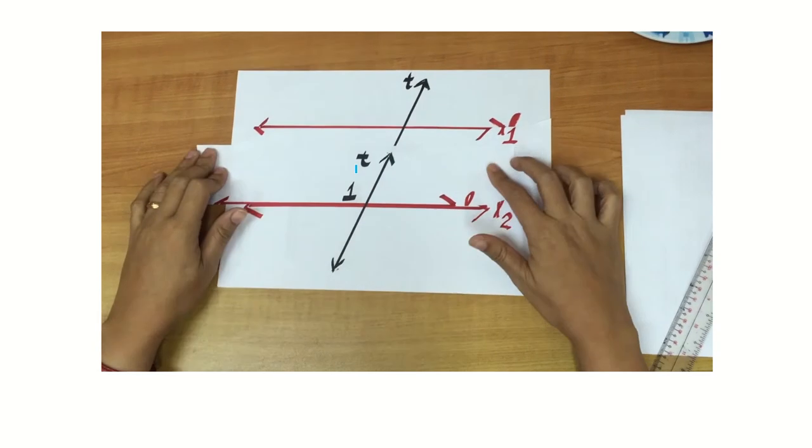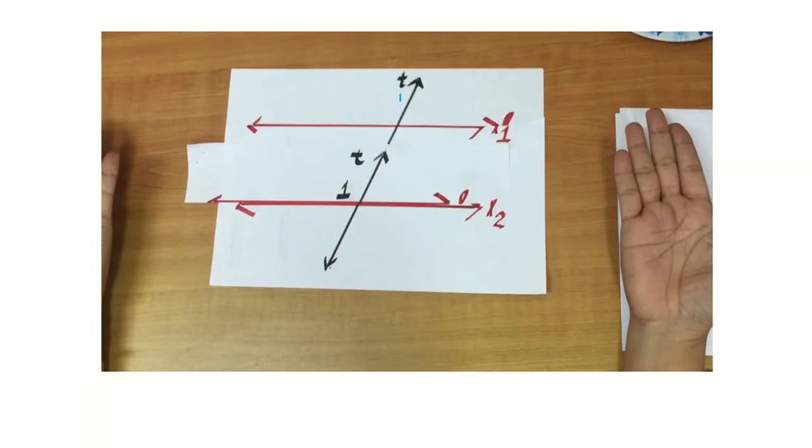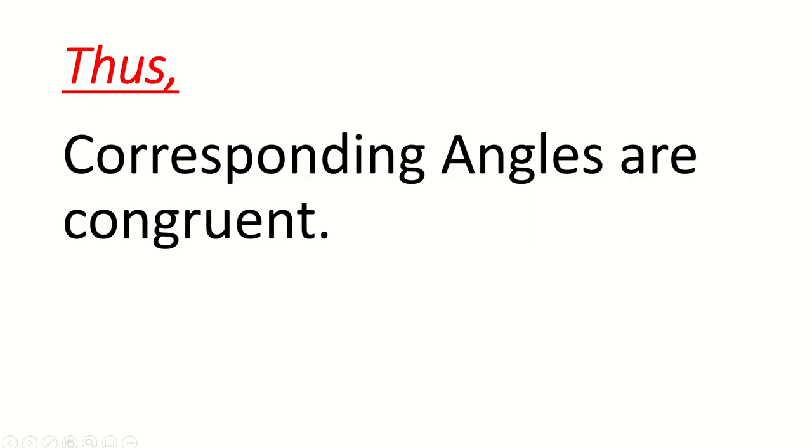In other words, what can we conclude if two angles are corresponding? They are congruent. So based on that activity, we're able to figure out that they are congruent.